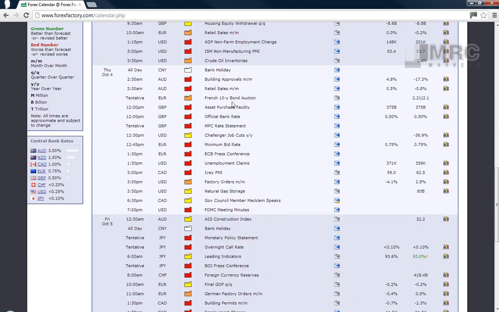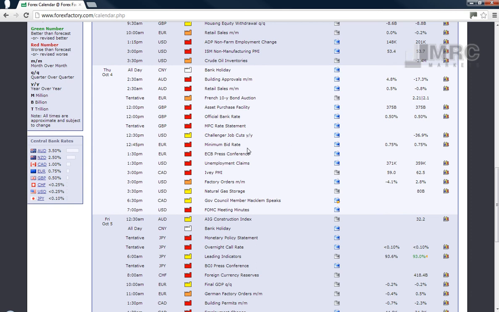On Thursday, we have some more Aussie data in the Asia session. At 12 o'clock, we have the big piece of UK data. We have asset purchase facilities, which is expected to stay the same there, and the official bank rate keeping interest rates low, expected there. And of course, we have the MPC rate statement, which follows that news. And also, in the afternoon, we have a similar thing from the ECB.